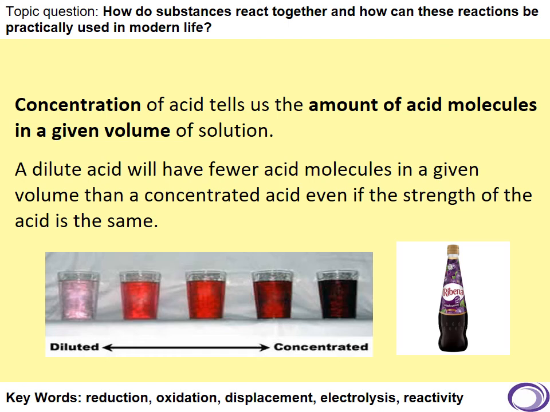We must not confuse the words concentrated and strong. A strong acid is something that fully dissociates, whereas a concentrated acid means there's lots of acid molecules in a given volume.